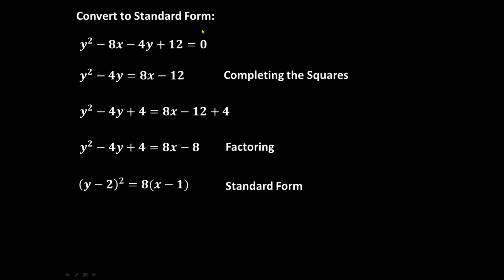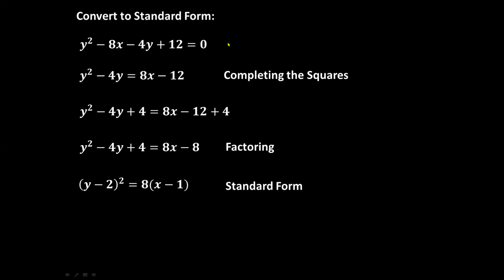Halimbawa, ito yung problem: find the vertex of the parabola y squared minus 8x minus 4y plus 12 is equal to 0. In order to do that, kailangan mo muna itong i-convert into standard form. After converting it into standard form, malalaman mo na yung vertex. Ang vertex ng ating parabola, in this case, we have 1 and 2. So, ganun lang kadali yan.